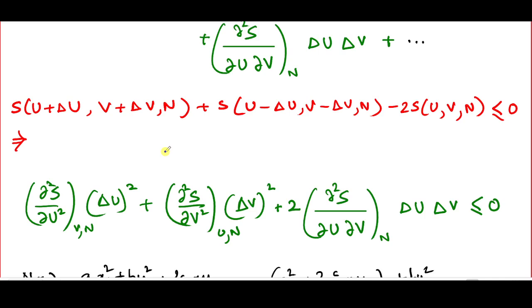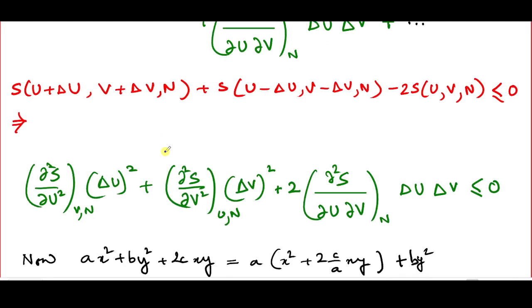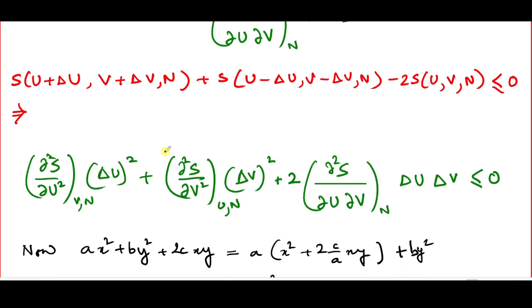However, the presence of this mixed term actually makes life a bit more difficult. And to see this, let's just start with a standard second order polynomial of two variables x and y. Well, x and y here are just shorthands for delta U and delta V, and these coefficients a, b and c are just shorthands for these expressions.